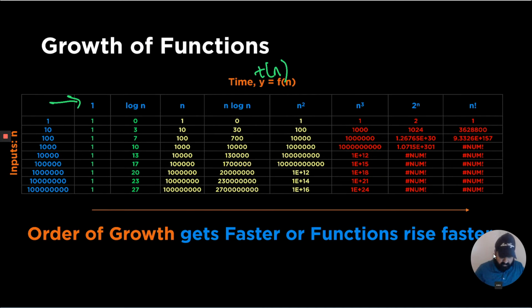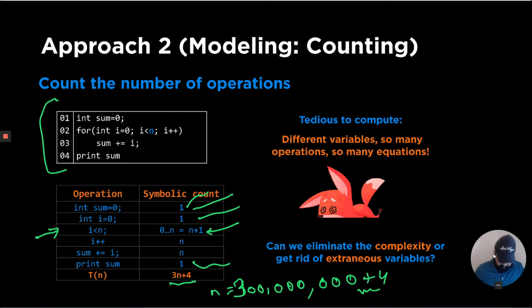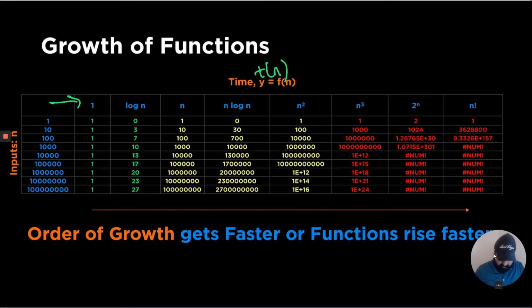The first column is basically the inputs, which is the size of the input, the values that could be possible for n. When you're writing complex programs, you will understand why we have functions like n squared and n log n, and we are going to discuss this again in the next video where we discuss big O analysis.